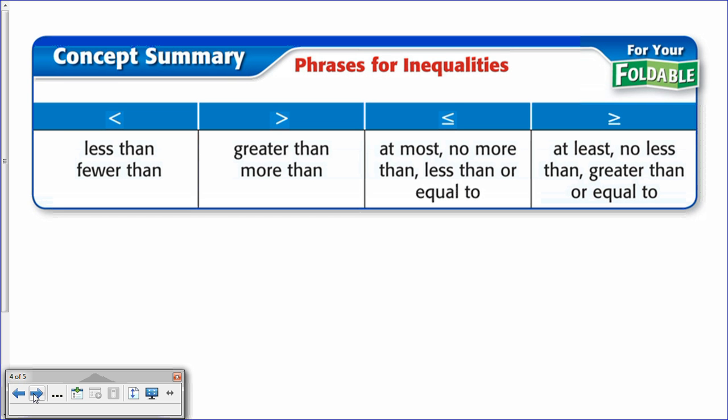These next two are probably the trickiest of all of them, so make sure you get these two down. This pointing left with a little line is the less than or equal to symbol. Some words that mean the same as that are at most, no more than, less than or equal to. The last one's pretty self-explanatory.